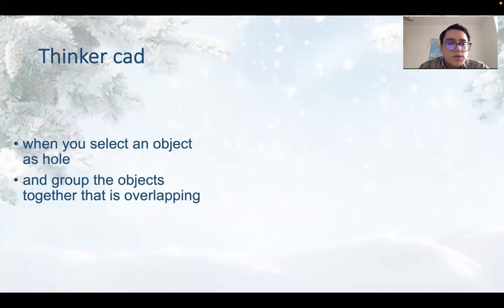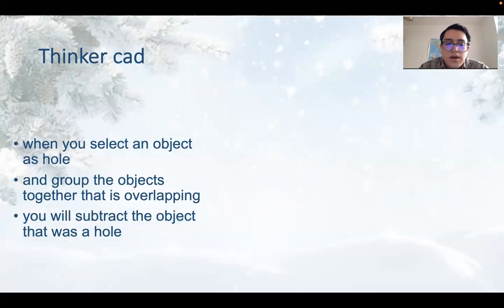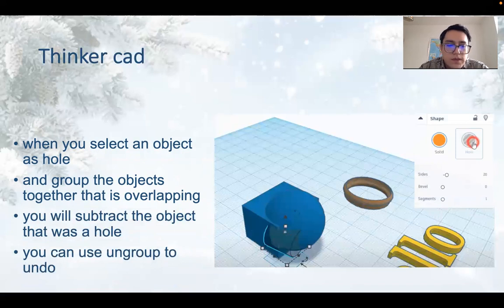When you select an object as a hole and group it together with the objects that are overlapping, you will subtract the hole from the object. So you can use Ungroup to undo that. So this would be the hole. You choose that as a hole and you make it as a group, and then that area will become empty. So that's also useful to create new shapes and to make holes into different shapes.